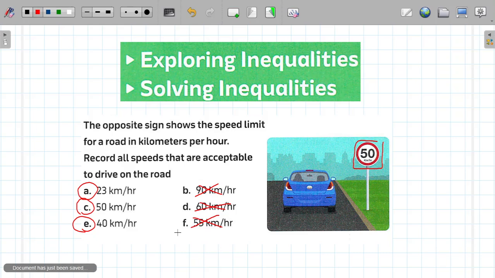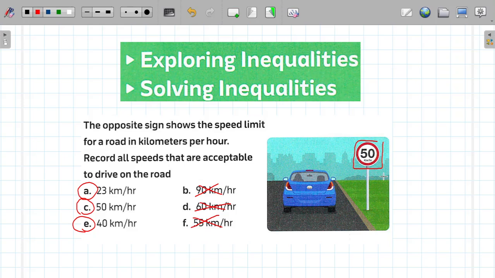So I have three values here which are acceptable to drive on the road. Okay, so this example tells me that all numbers less than or equal to 50 kilometers are acceptable on that route.